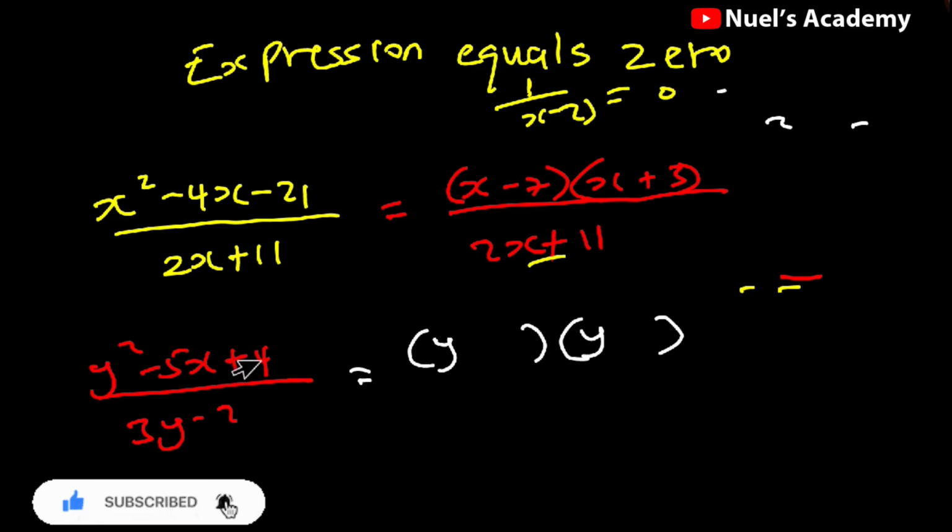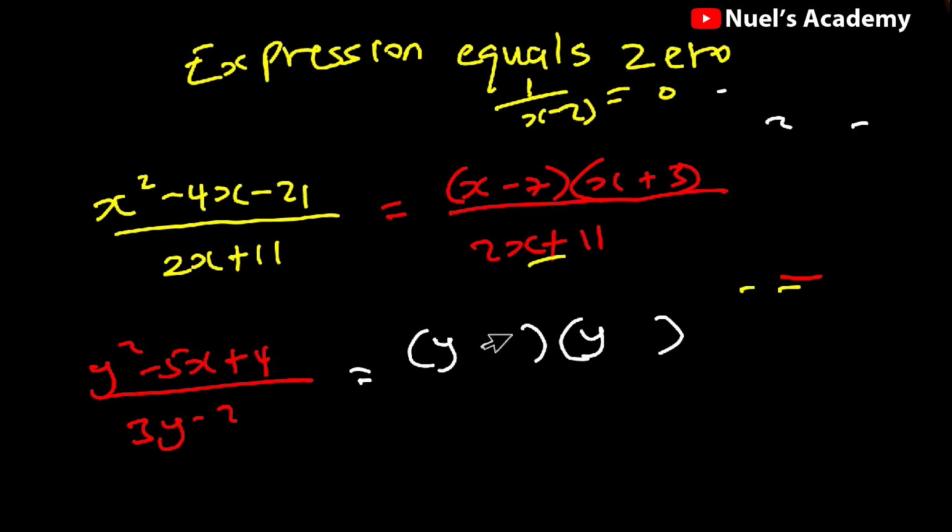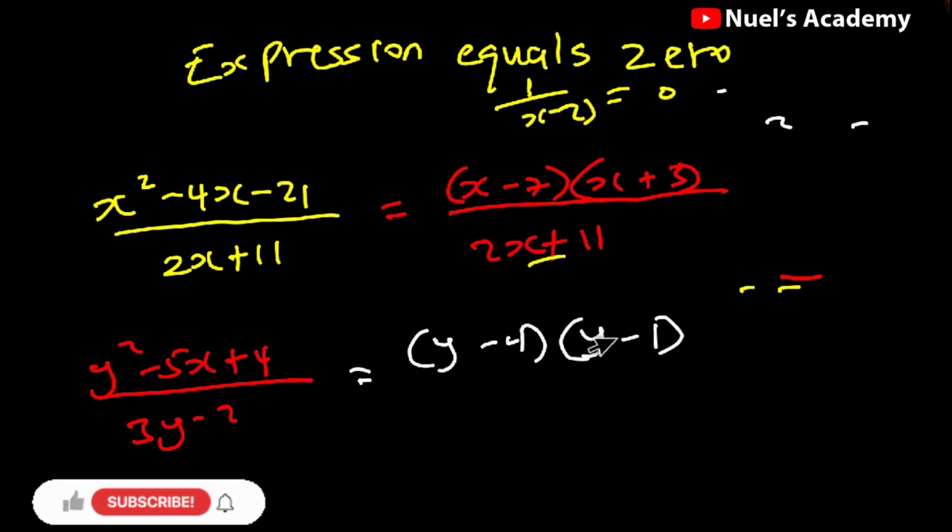Two numbers that when you multiply them you get 4, when you add them you get negative 5 are negative 4 and negative 1, because negative 4 times negative 1 is 4, and negative 4 minus 1 is negative 5. Then over 3y minus 12.